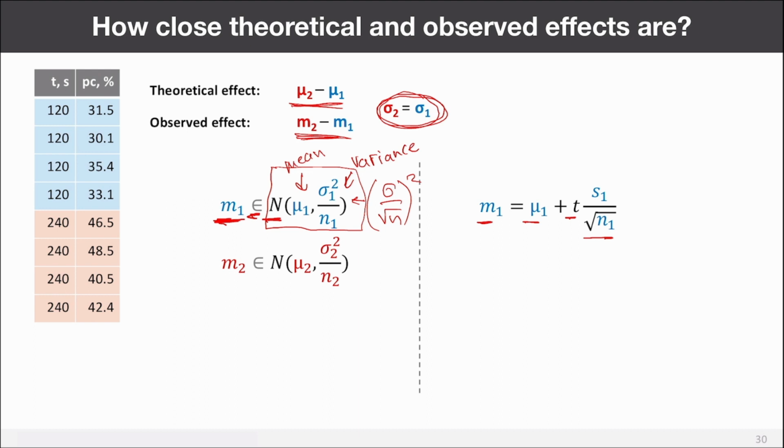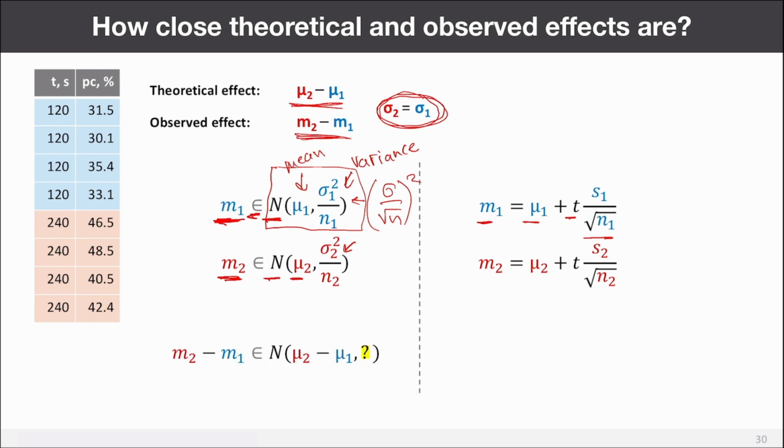Likewise, we know this about the second population. Again, the average of the sample came from a normally distributed population. This is the true average of the population. This is the variance of average values, so it's kind of standard error squared. Again, because we don't know sigma, we approximate it using the t-distribution.